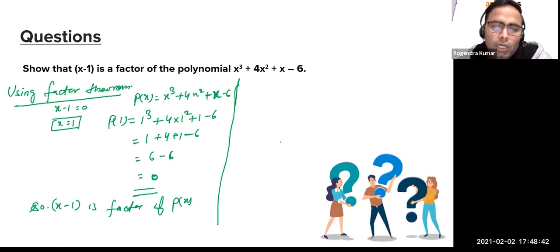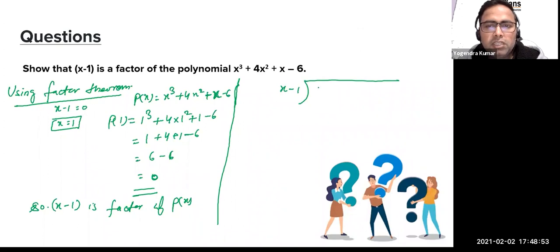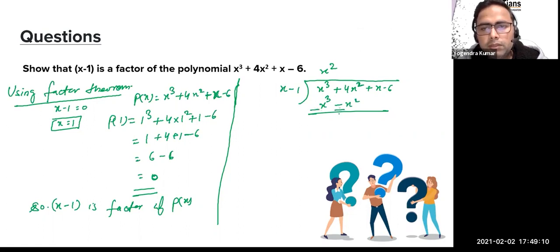If you have time, you can use the old method also. What is the old method? If x minus a is a factor, it should divide completely, meaning we should get the remainder as 0. Let's verify that. Here, x square I can multiply, so x cube minus x square is subtracted from this.